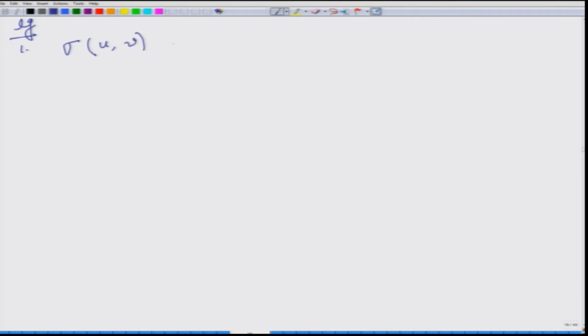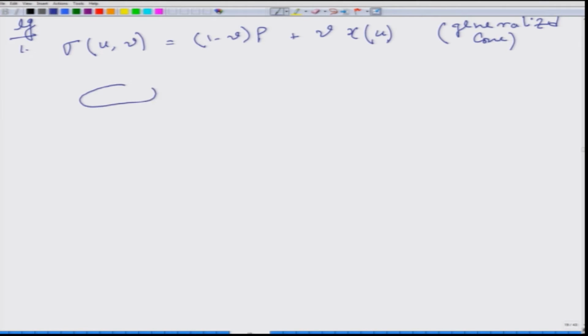Sigma u v is (1 minus v) p plus v gamma u. This was a generalized cone, right. So, you have a curve gamma out here, you have a point P, it is a ruled surface, and lines pass through P. Okay, this is gamma.